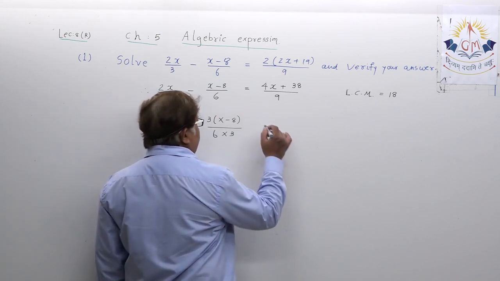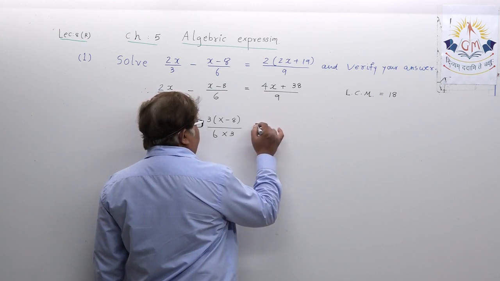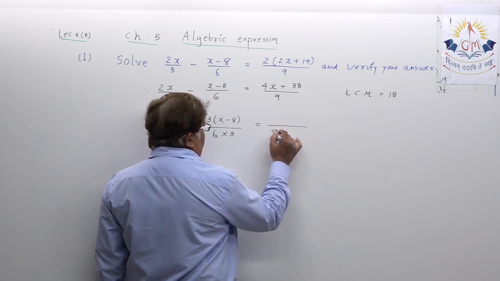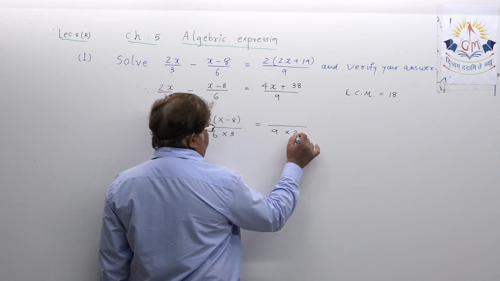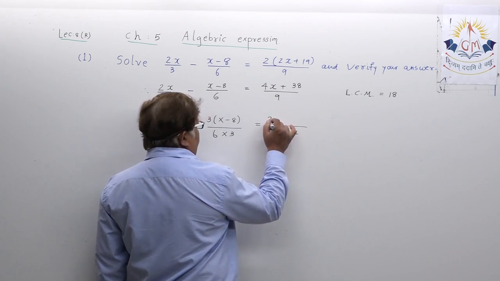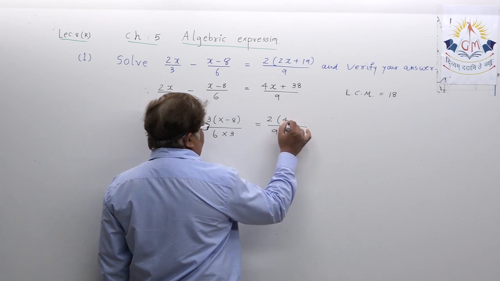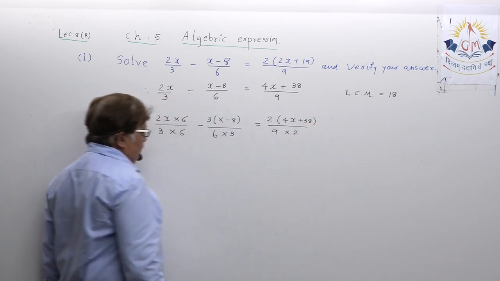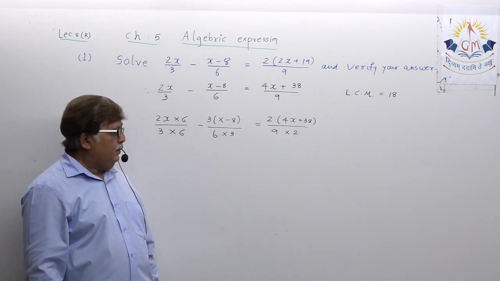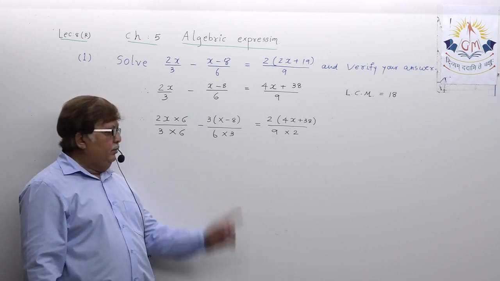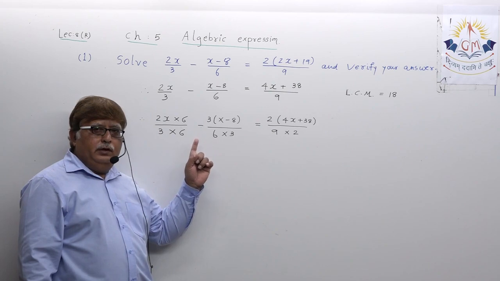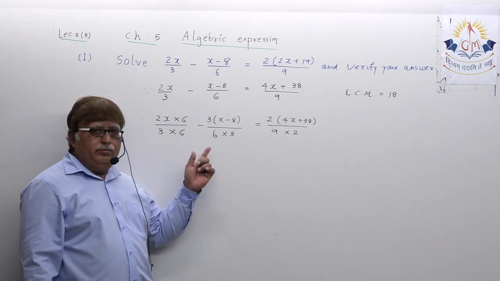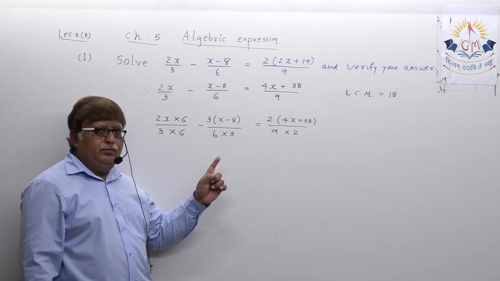Next step, check each and every basic. 9, 2 times is 18. So here 2 into bracket 4x plus 38. First, dear student, as I told you, when I am explaining any step here, please do not be in haste to write with me.